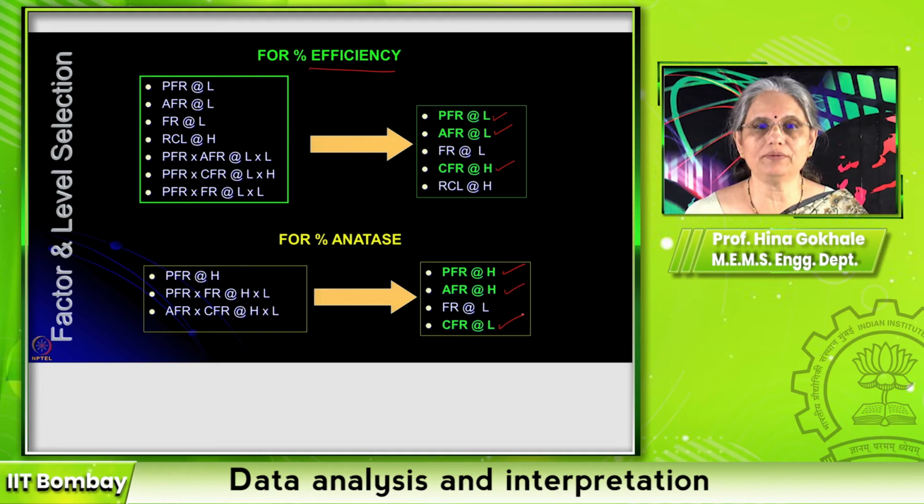So, what does it mean? It says that either you have highest efficiency of the microplasma synthesis system, or you have the maximum percentage anatase.